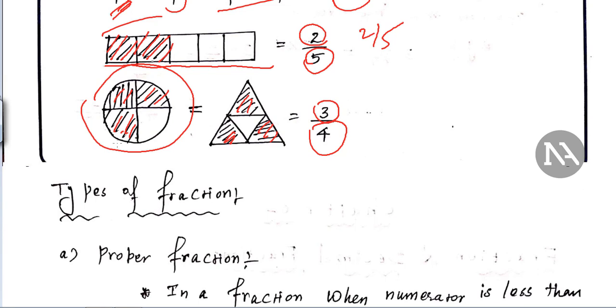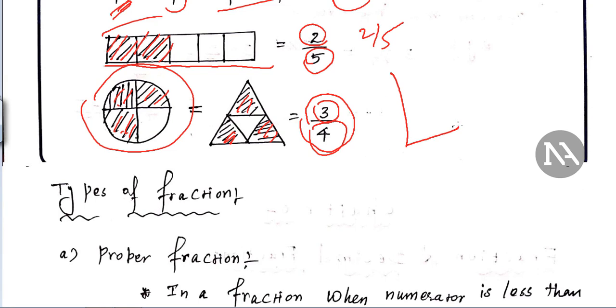The pizza has been divided into 4 parts, and out of 4 parts, you have completed 3 parts of the pizza. So the fraction tells us how much you have finished, how much has been filled.